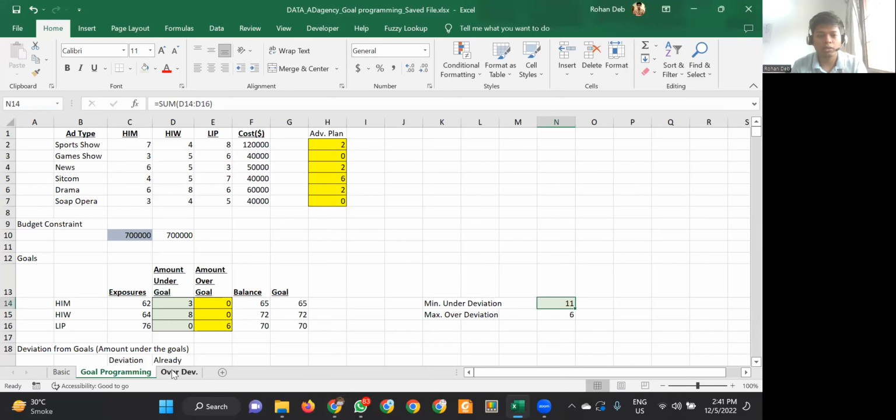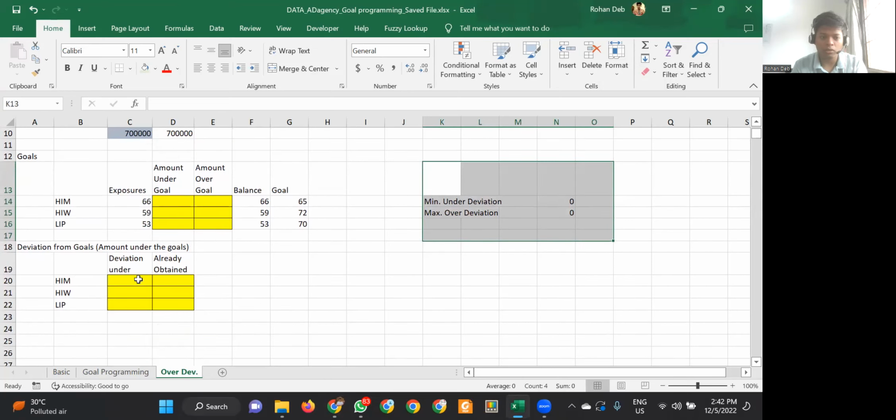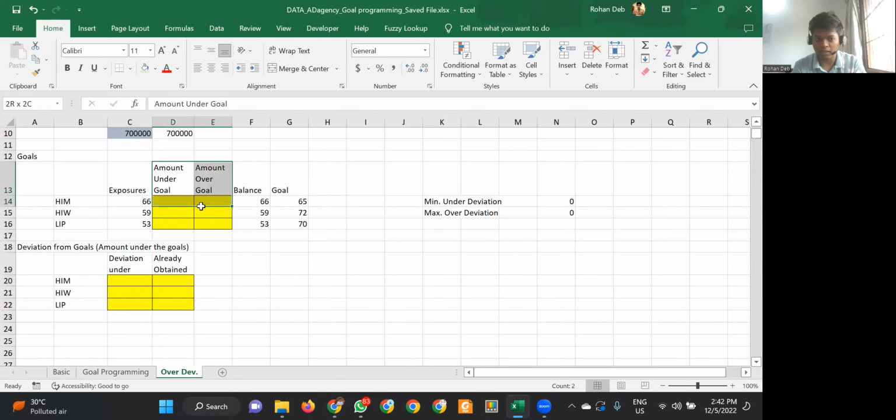Okay, so what we will do over here, everything else remains the same. Instead of doing the calculation on the minimum and maximum deviation over here, we create this table again, with the under and over goal. Our concern is minimum under deviation.